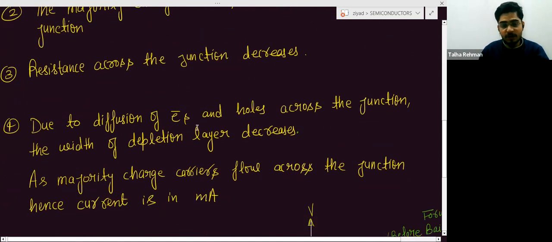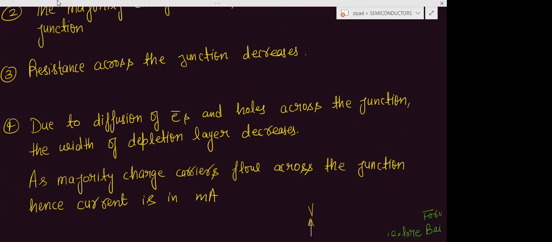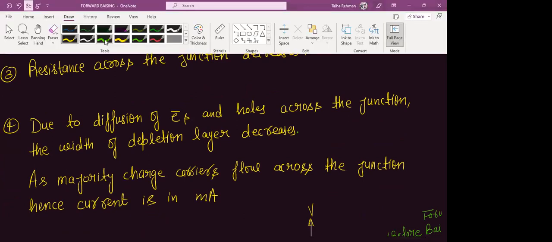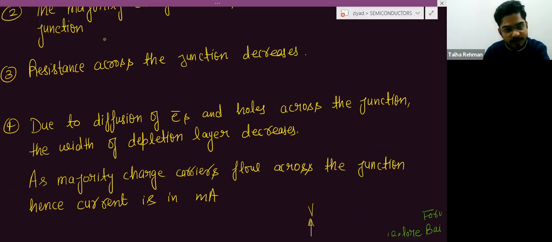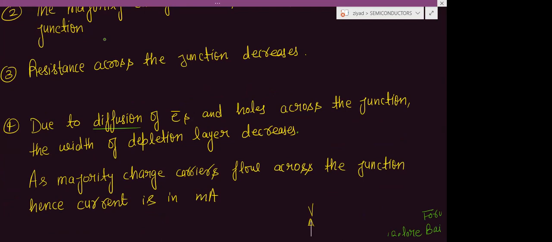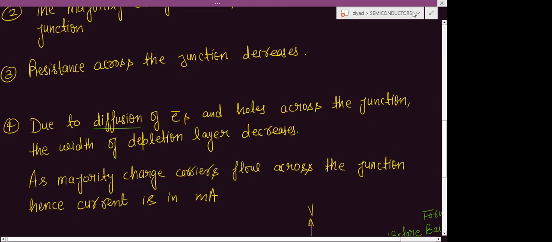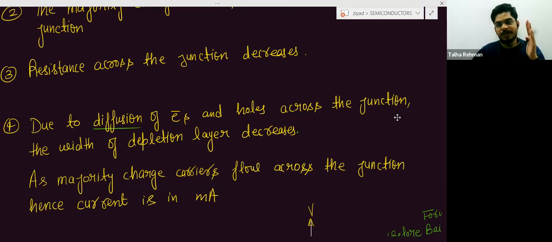I told you the meaning of diffusion and drift. So diffusion is, when we take the N side, electrons are the majority charge carriers. Try to imagine the picture of a PN junction diode.